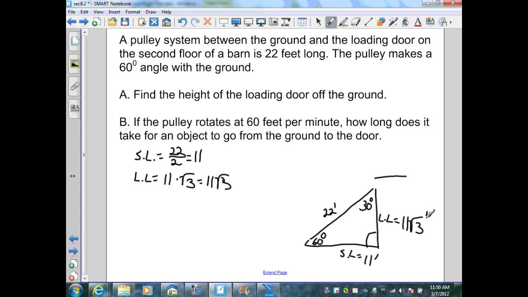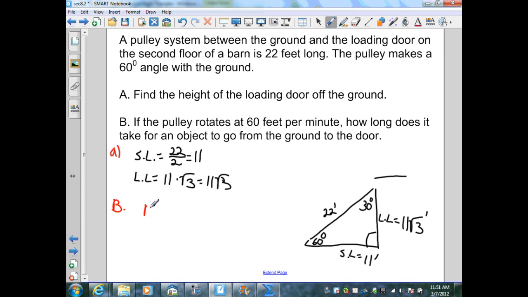Part B. They want us to determine if the pulley rotates at 60 feet per minute, how long does it take for an object to go from the ground to the door? This is part A. Part B. Well, since I'm dealing with rate and time, I also have distance.